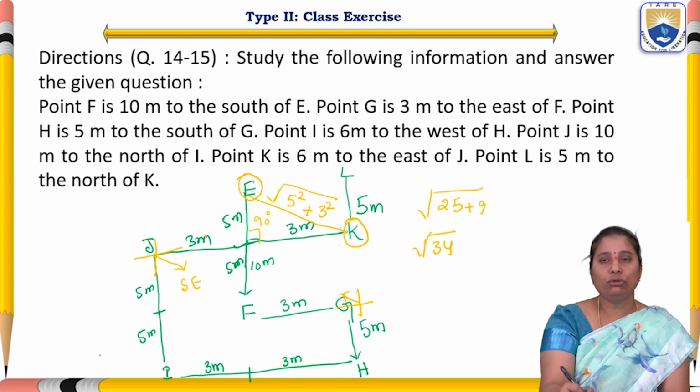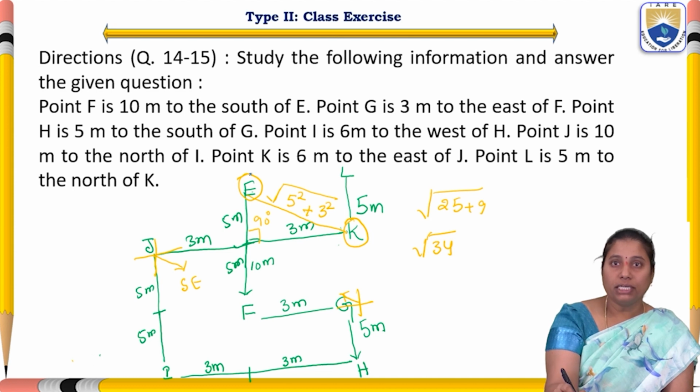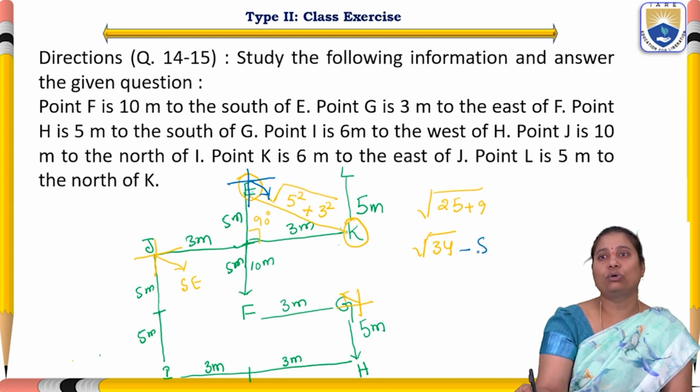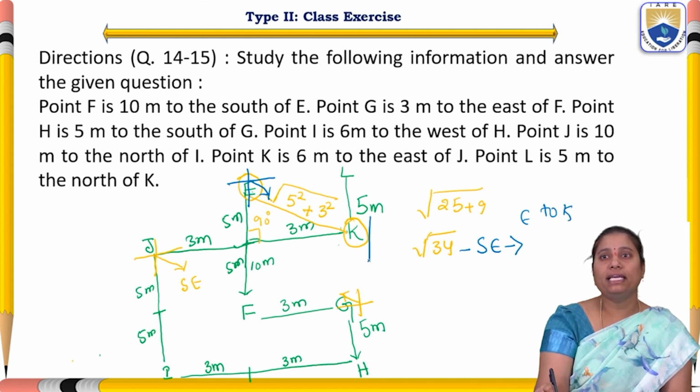So from E to K, the direction is southeast, and from K it is northwest.